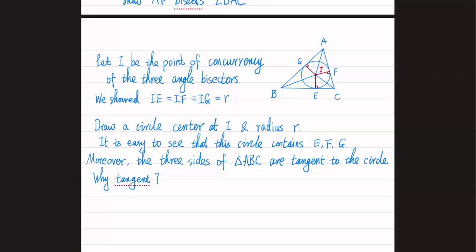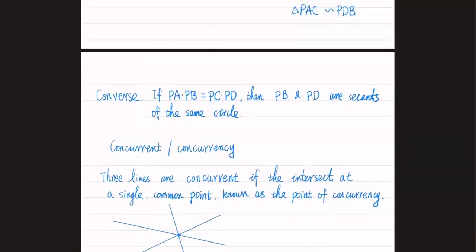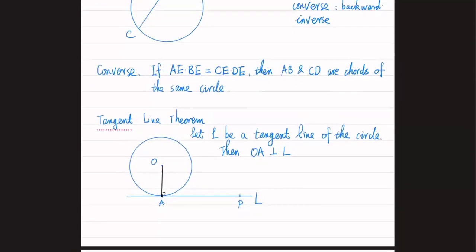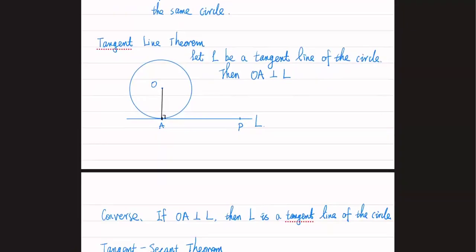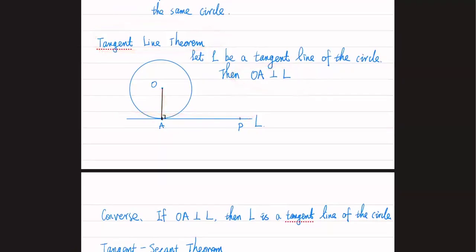So I'm going to roll back to the previous page of our converse of the tangent line theorem. The tangent line theorem says if this is the tangent, it must be perpendicular.